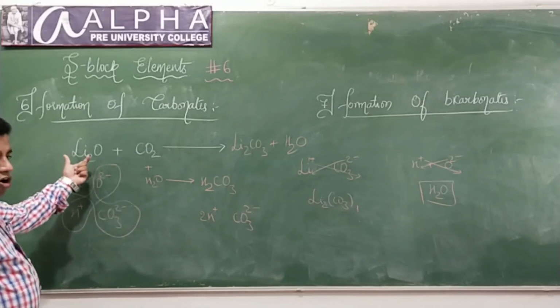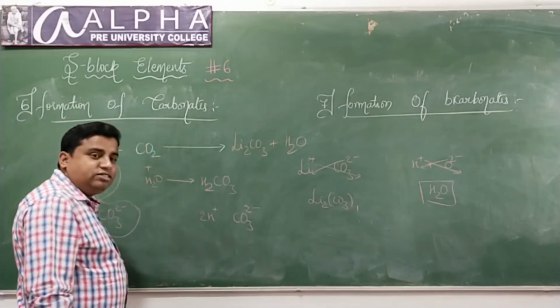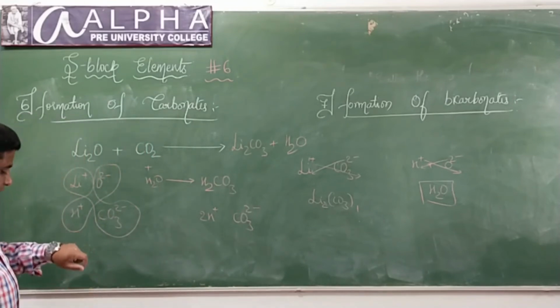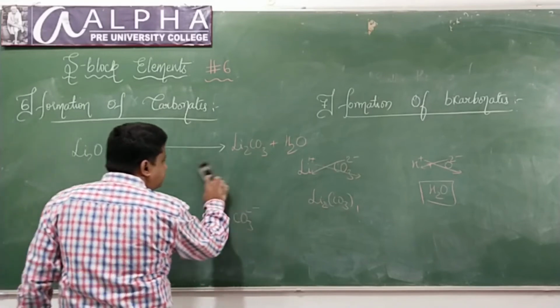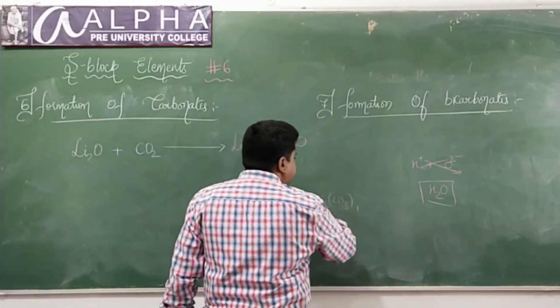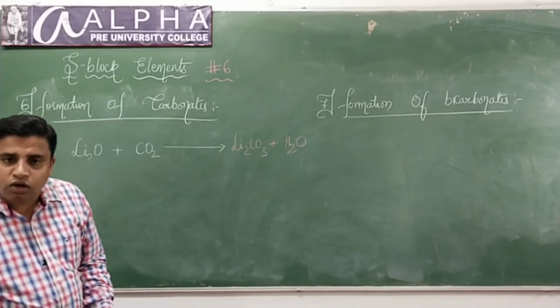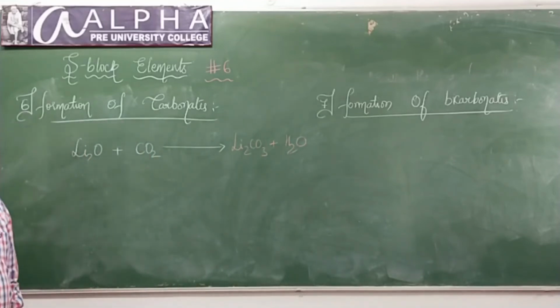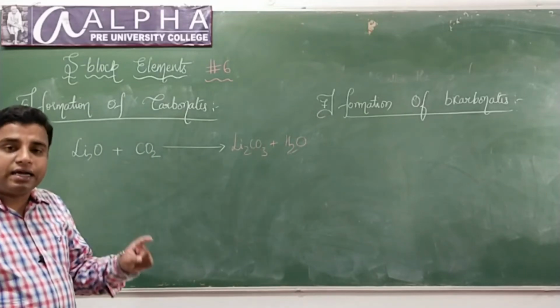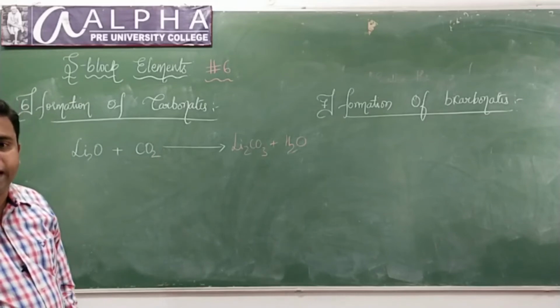Look here, when oxide of lithium is reacting with carbon dioxide, it forms lithium carbonate. Correct? Any doubts? Okay, now what about the next one? I told you, when oxides and hydroxides of alkali metals and alkaline earth metals react with carbon dioxide, they form carbonates, isn't it?